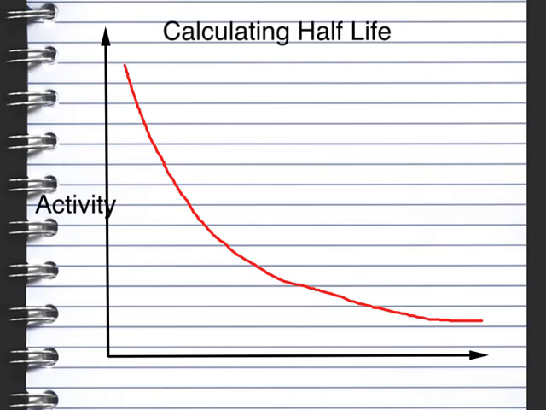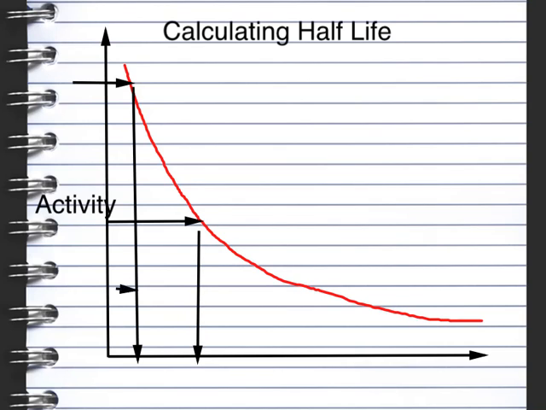If we look at the activity at the beginning, we can see that we've got this amount of activity, and that relates to this particular time. Now from here, if we go to roughly half, the time that it takes to do that is its half-life.